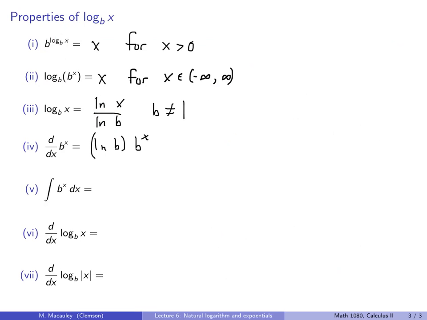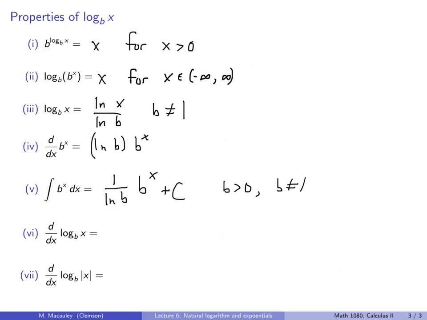Because of that, the integral of b to the x is 1 over natural log of b times b to the x, plus c of course. Here I'm assuming b is greater than 0 and b is not equal to 1, because if b were equal to 1, we'd be dividing by 0 here. And if b equals 1, you know how to compute this integral, right? That just becomes the integral of 1 dx.